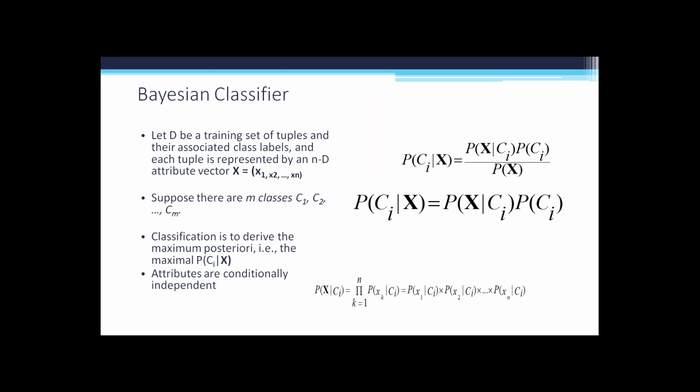But in Bayesian classifier, the beauty of Bayes theorem and the advantage of the theorem is that we can work with individual conditional probabilities of each variable independent of the other and just multiply the individual classifier probabilities.